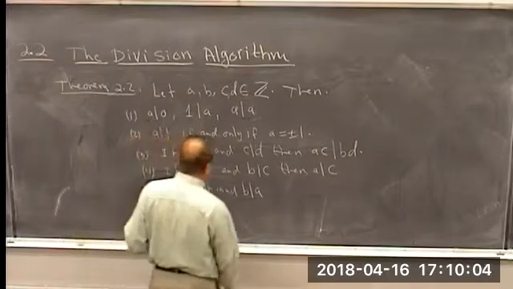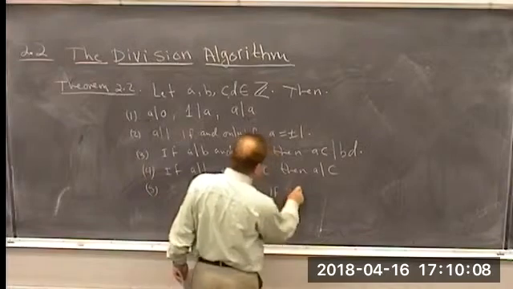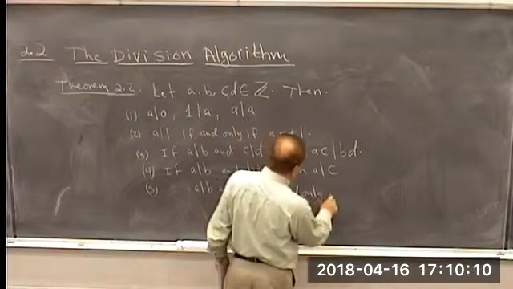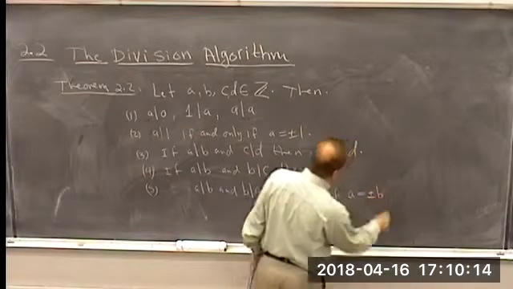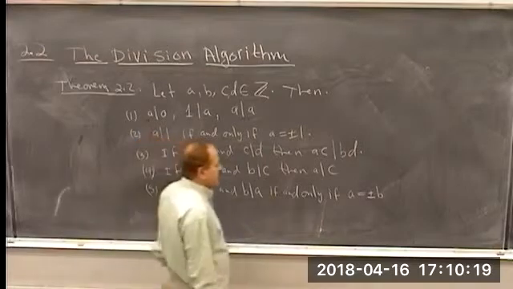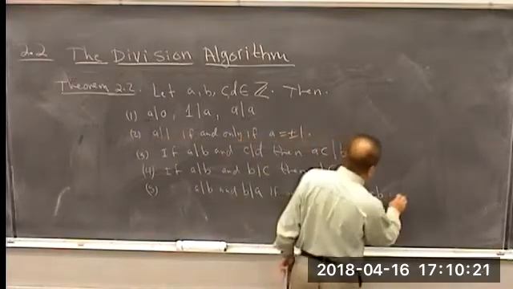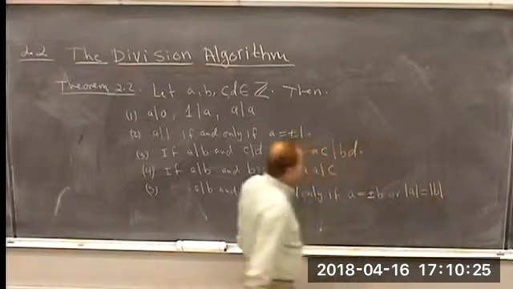Okay, so this one, if and only if A equals plus or minus B. Or another way of saying this, the absolute value of A is equal to the absolute value of B. All right?